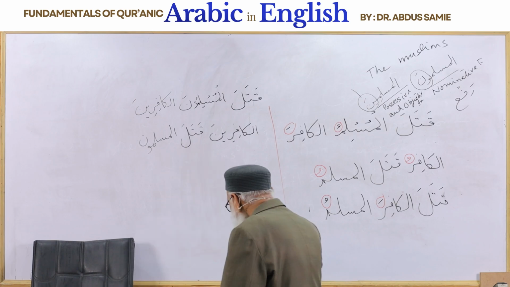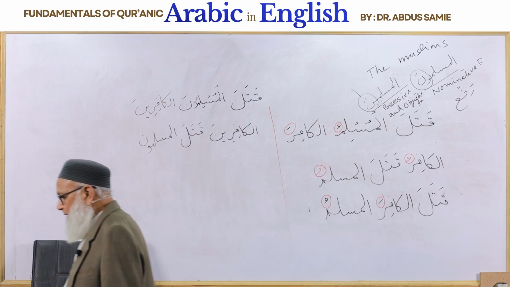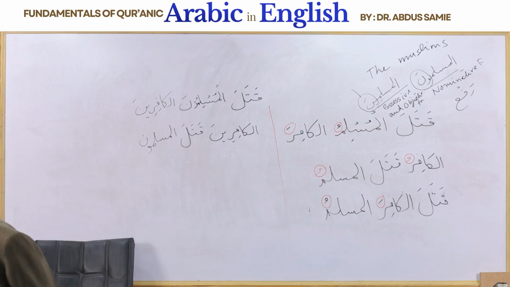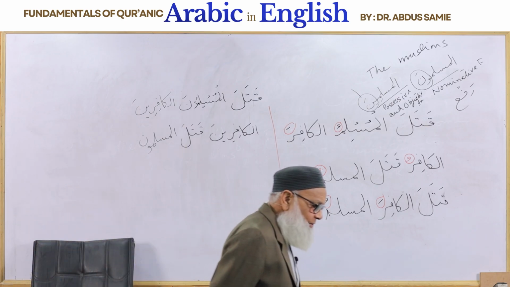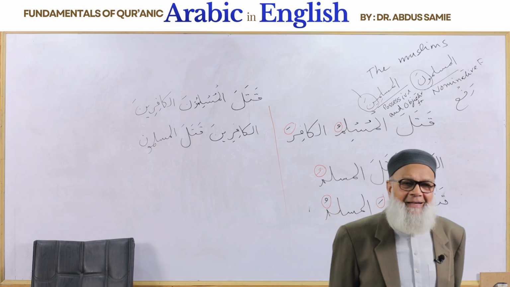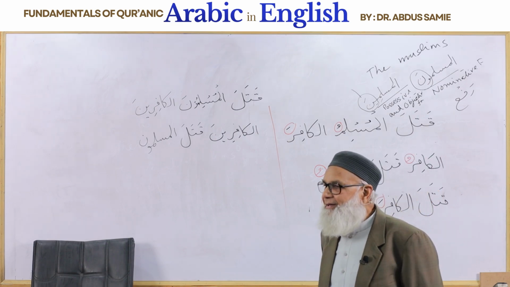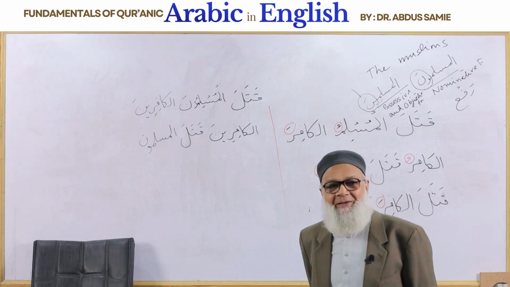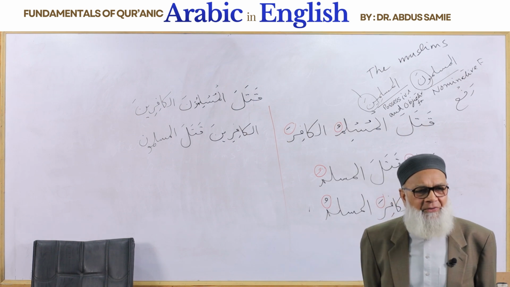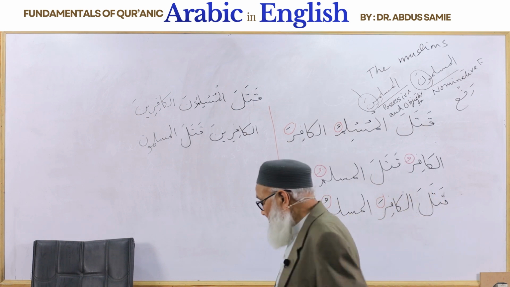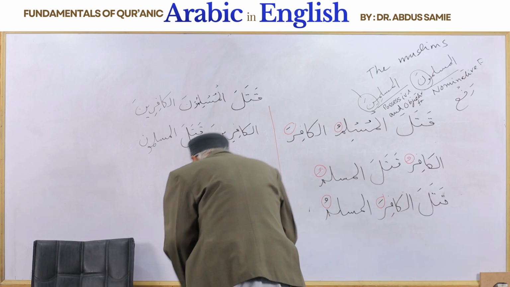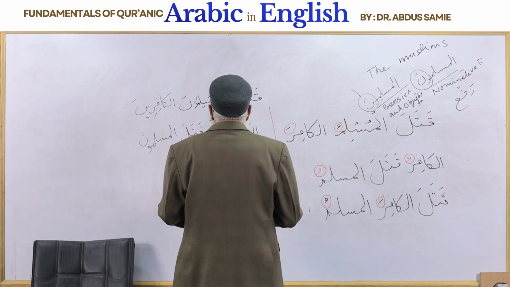So I was telling you not to worry that if it is kafirin, how would you recognize whether it is the nasab form or jar form, possessive or objective case. When you know English, you have three words in front of you: read, read, read.